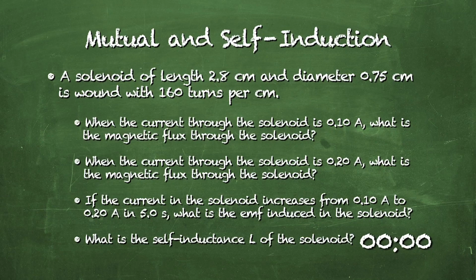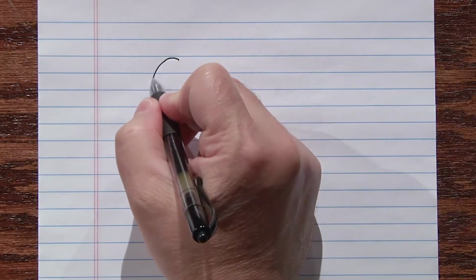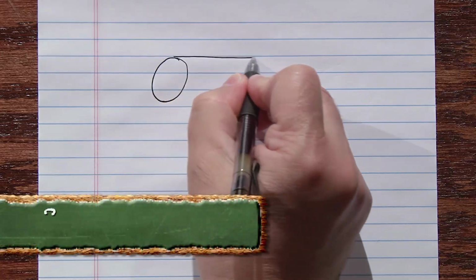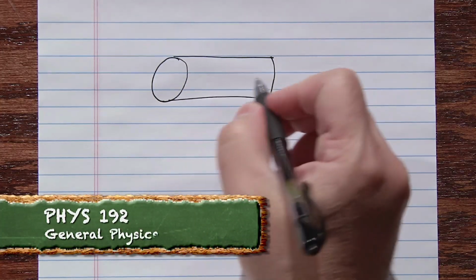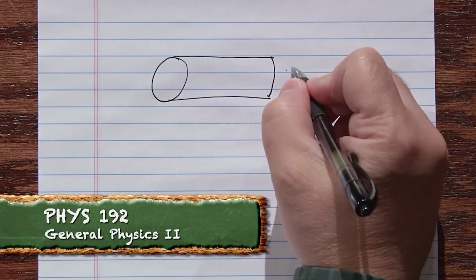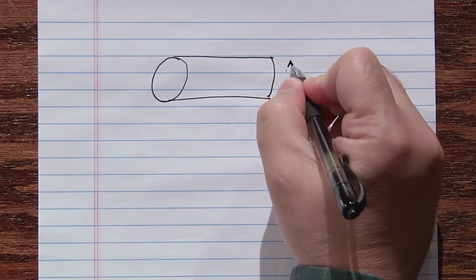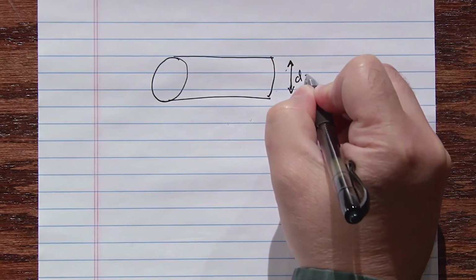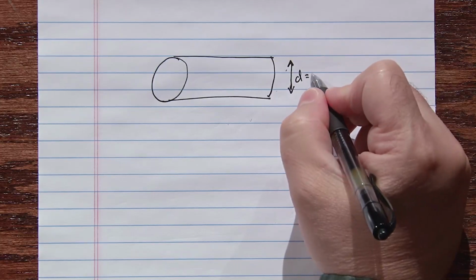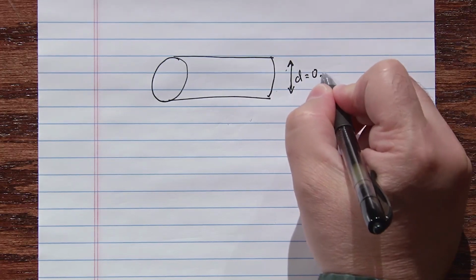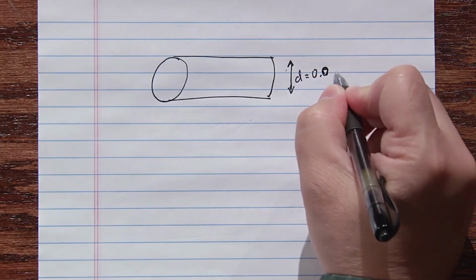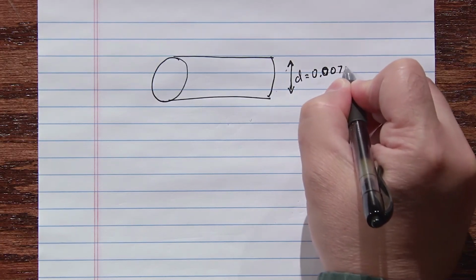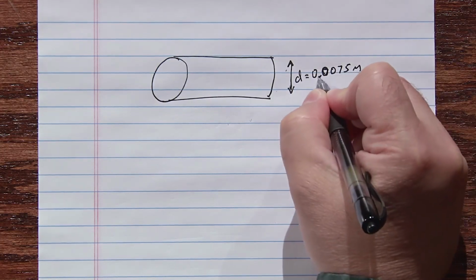Okay, let's draw our diagram. Here's our cylinder. The diameter of the cylinder, D, is equal to 0.75 centimeters, so 0.0075 meters.